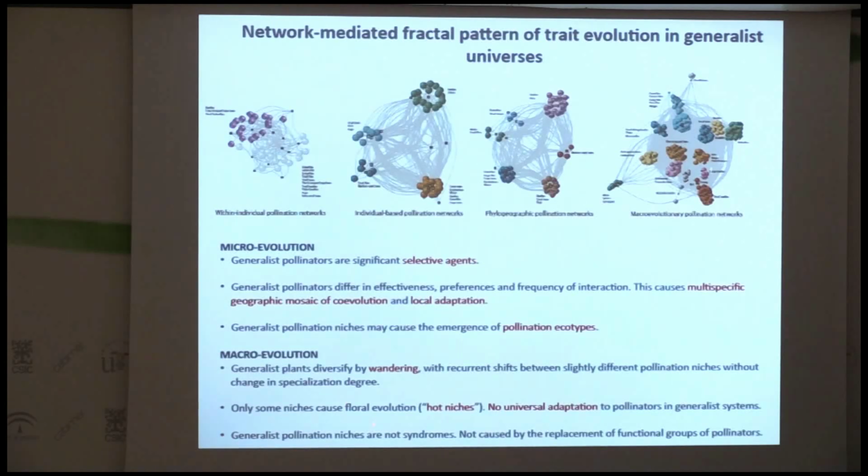And the most important, from my point of view, is that generalist pollination niches are not syndromes. They are not caused by the sharp, abrupt replacement and functional group of pollinators. I certainly don't want to replace the idea of pollination syndrome with this idea of pollination niche. It's something that is probably happening at a completely different level of occurrence.